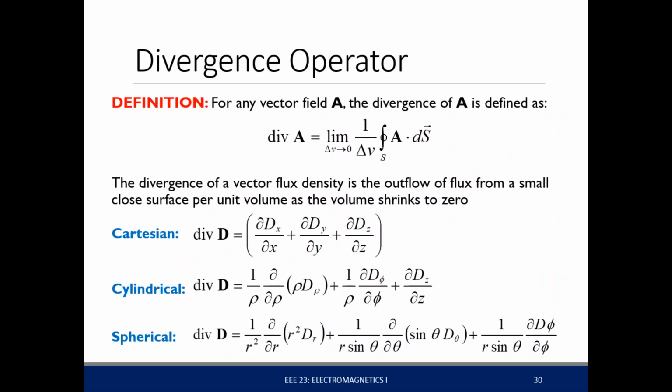And it's called the divergence of your vector field D. Formal definition: for any vector field A, the divergence of A is defined as this expression right here. If you take that definition and apply it in cylindrical and spherical coordinates, you'll get these expressions right here. So don't bother if you don't want to do tedious mathematics on this.